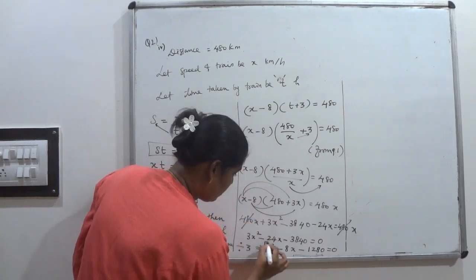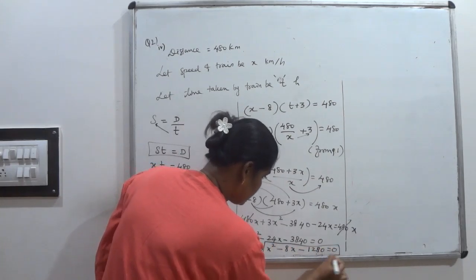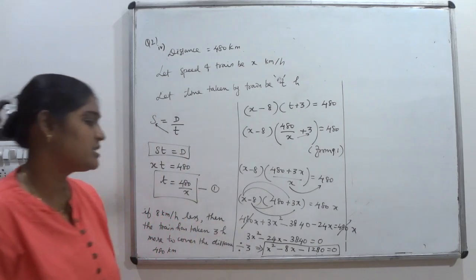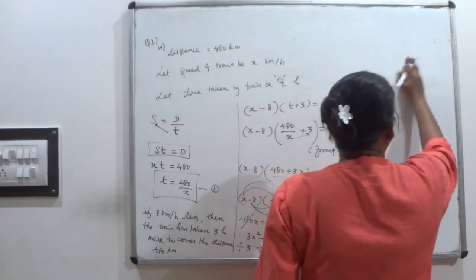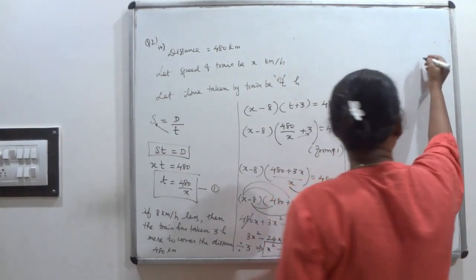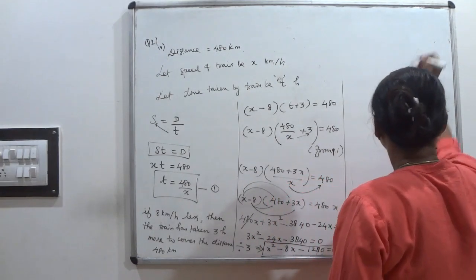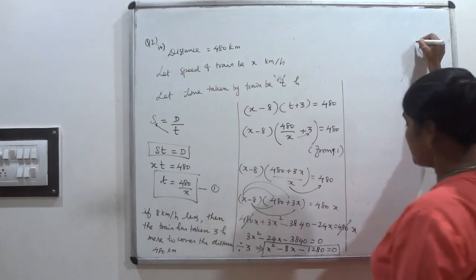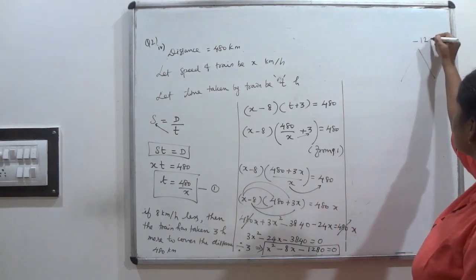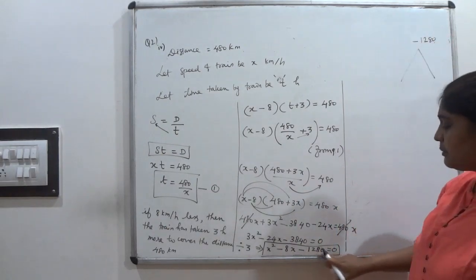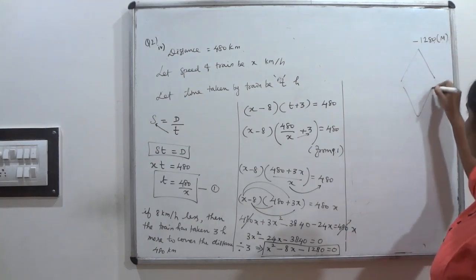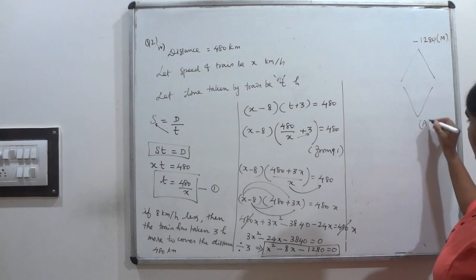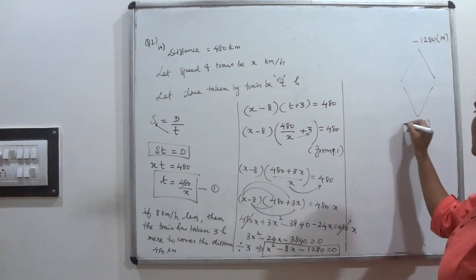So I got the quadratic equation x square minus 8x minus 1280. Okay. So I'm going to use the middle term splitting. For that, in multiplication I need minus 1280. In addition I need minus 8, that is the middle term.